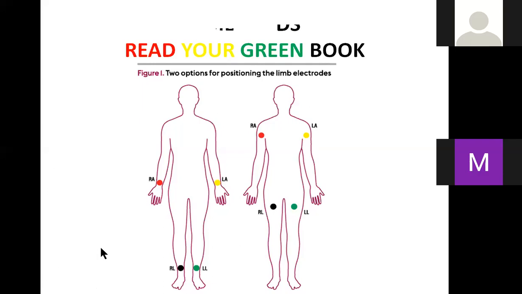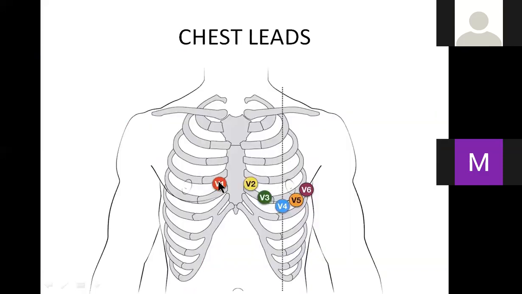And these are the chest leads. The V1 is applied to the right of the sternum in the fourth intercostal space. V2 is in front of the V1, and V4 is between V3 and V5, and V5 is in the fifth intercostal space at the anterior axillary line, and V4 is in the mid clavicular line, and V6 is in the mid axillary line in the fifth intercostal space.